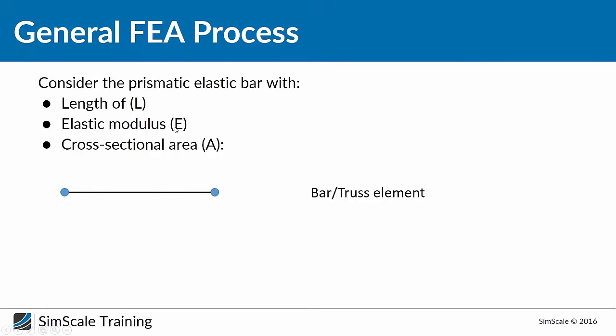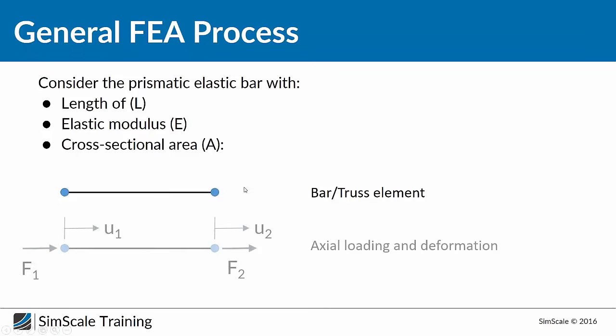And now let's take a look back at what we learned during university, because I think you may have seen this. It is a very simple case for mechanics: how can we consider the elastic bar? Basically, in this one-dimensional case, we just need the length, the elastic modulus of the bar, as well as the cross-sectional area.